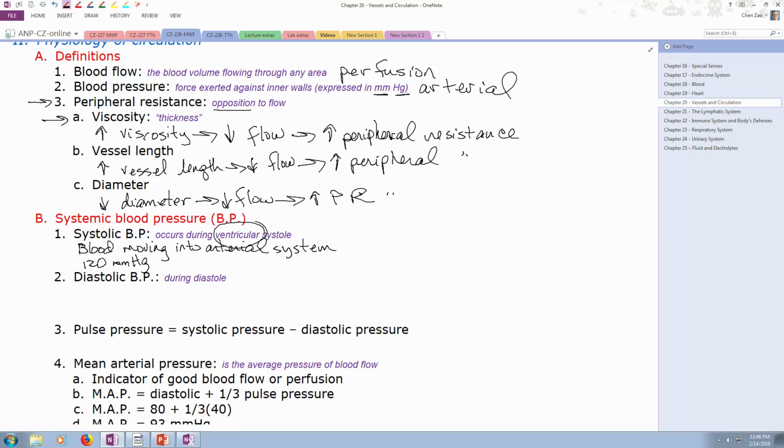Diastolic blood pressure is going to occur during diastole. And one of the things that we know during diastole is that the semilunars are closed.